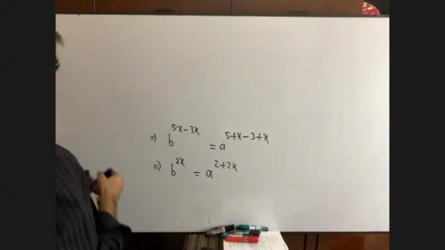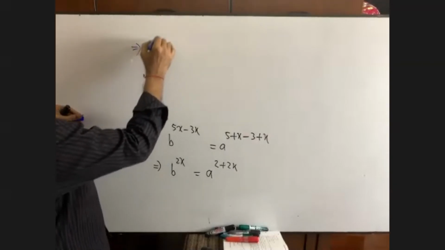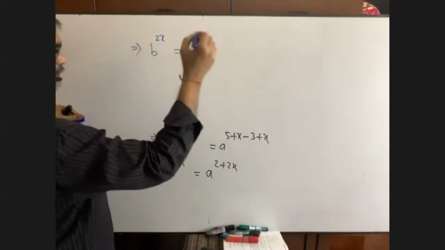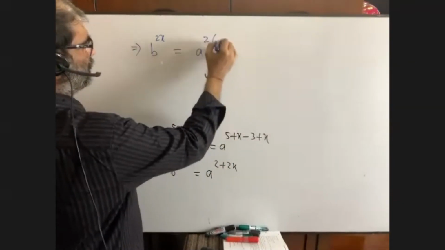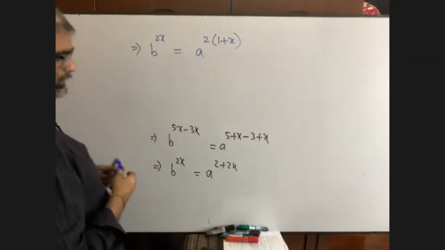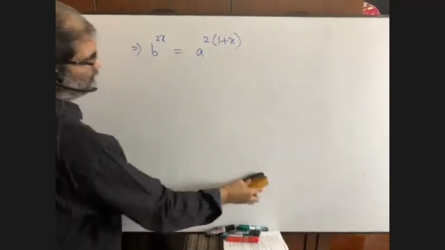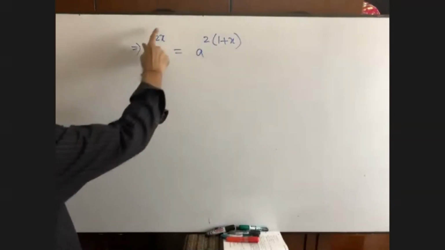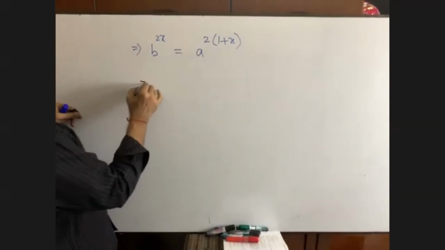After that, we can write down B to the power 2x is equal to A to the power 2 can be taken common. Have you seen? All of you. Now we have power 2 here, so that power 2 won't be needed.